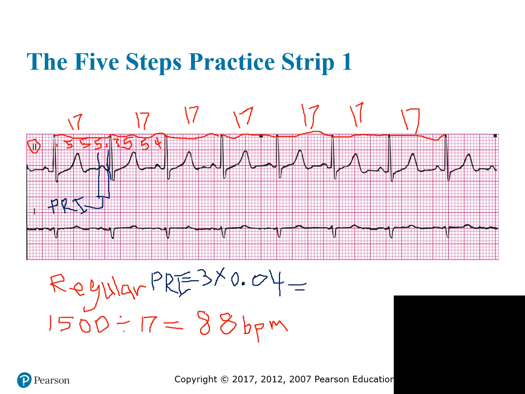So 3 times 0.04 equals 0.12. And don't forget to add seconds. So our PR interval ends up on this particular rhythm strip to equal 0.12 seconds, which falls into normal range, because remember, PR interval's normal range is anywhere from 0.12 to 0.20 seconds.